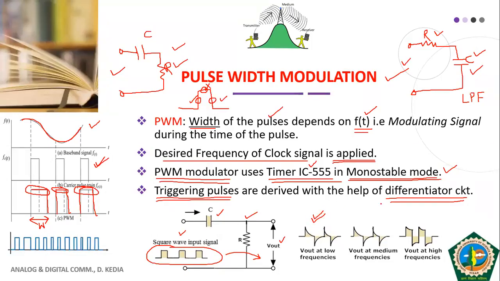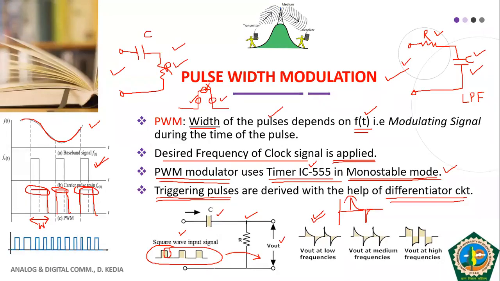For the positive going edge, you'll get an impulse like this, or the capacitor will charge like this and it will discharge. Then for the negative going edge of the pulse, the capacitor will charge in the negative direction and again return to zero value.